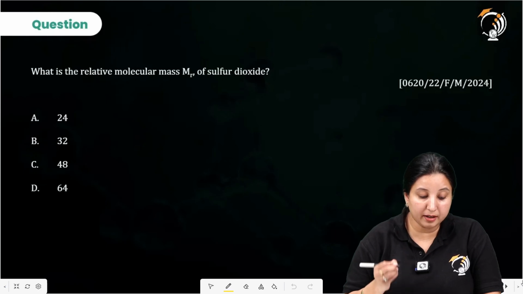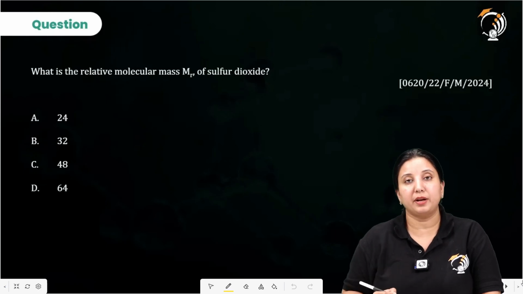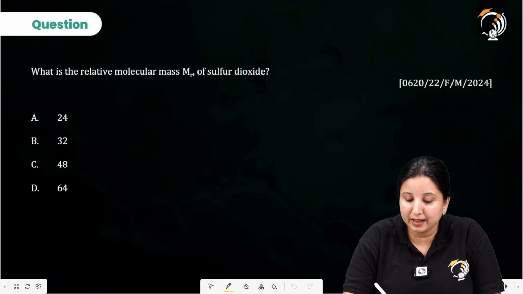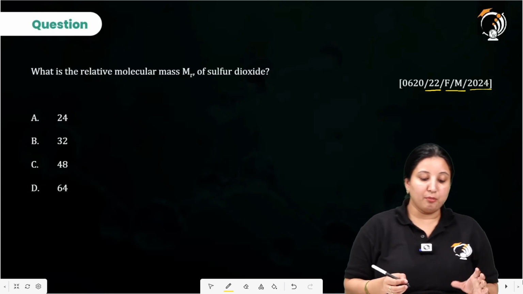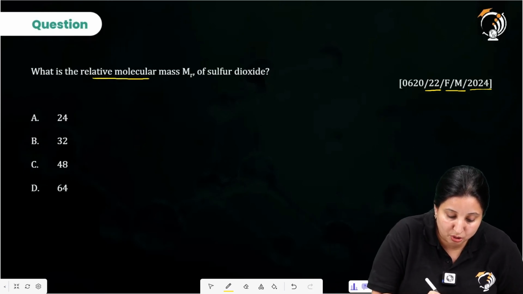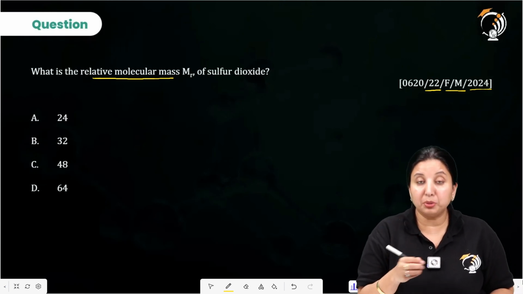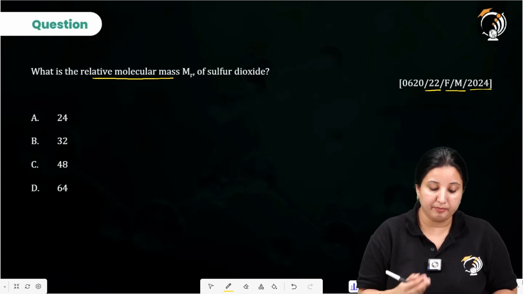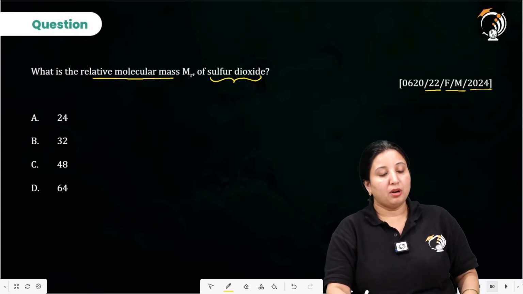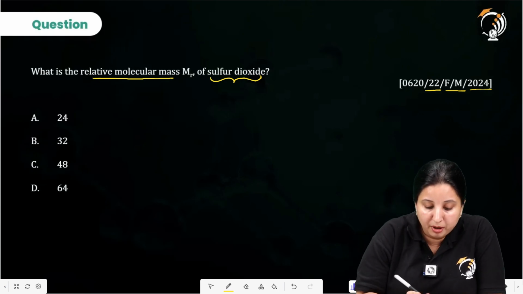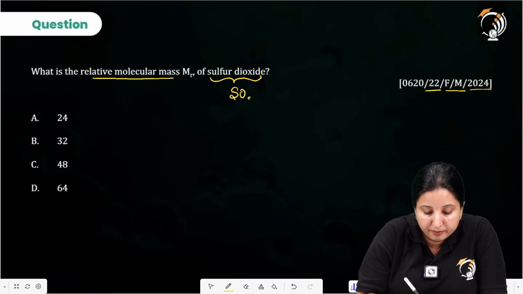Next, what is the relative molecular mass of sulfur dioxide? Now look, this question is again from the variant 22 February March series year 2024. Now when the word relative molecular mass is used, in this particular case I want to take the mass of each and every atom. So for this, first of all we should know the formula of sulfur dioxide. The formula of sulfur dioxide is SO2.